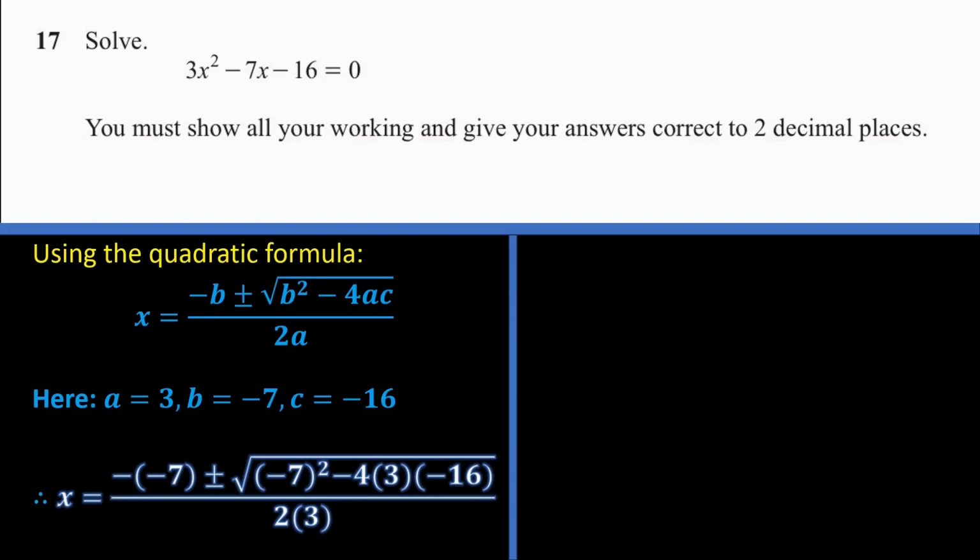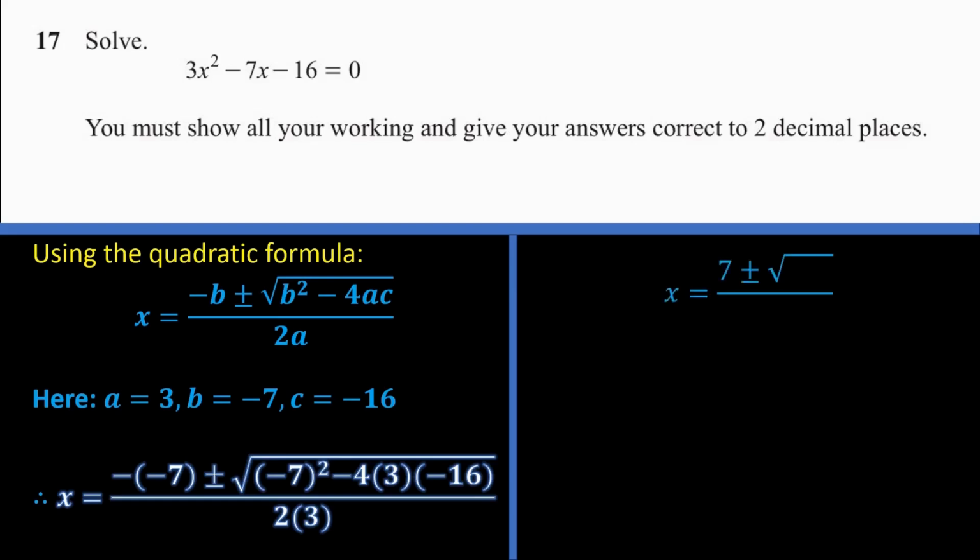We are going to isolate all the ingredients in this formula, a, b, and c, from our equation. a is the coefficient of s squared, which is 3. b is the coefficient of s, which is minus 7. And c is the constant term, which is minus 16. We plug all of this into the formula, and that's what you have down here.